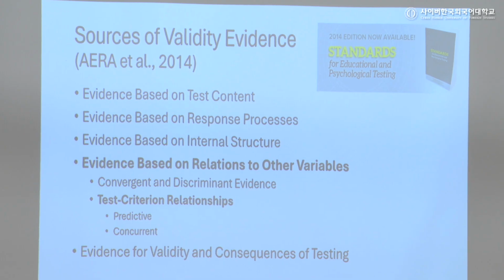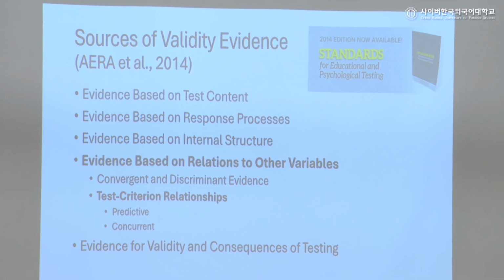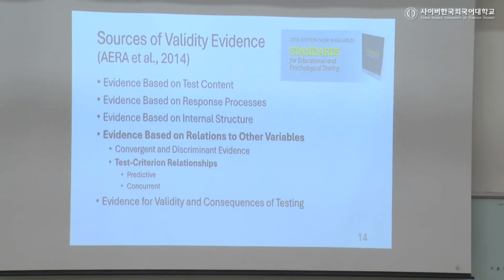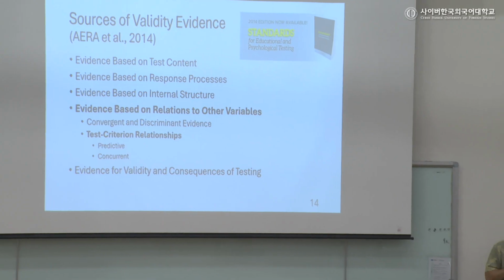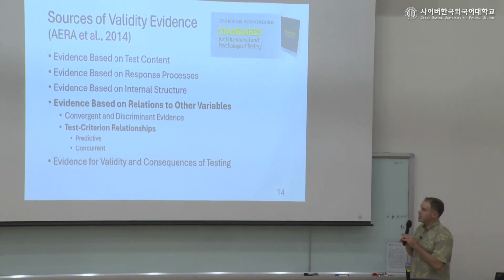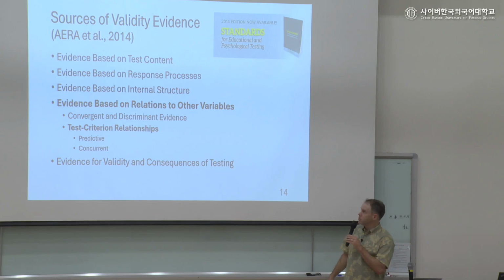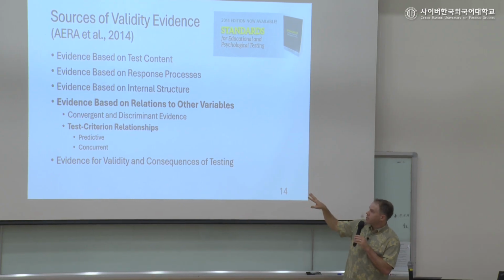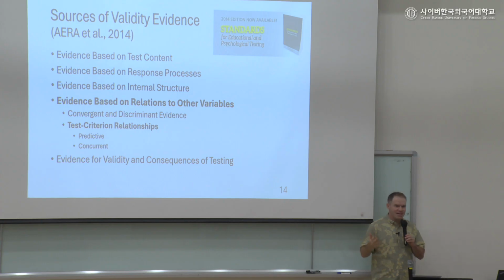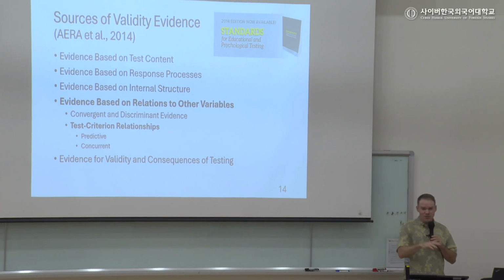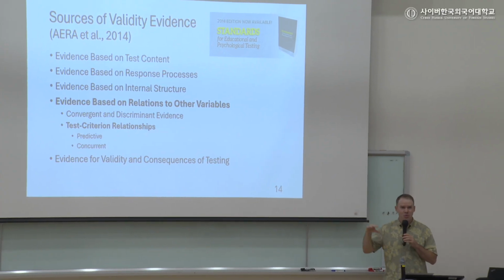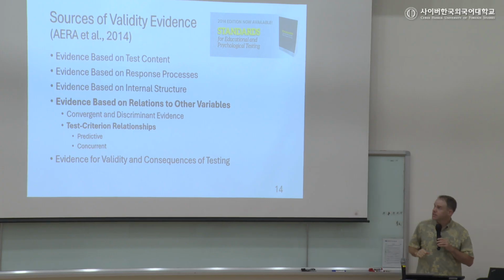So the Standards outline several different forms of validity evidence, and it's organized a little bit differently than what Kane or Chapelle would do with inferences, but they are pretty explicit that you need to have evidence based on relationships to other variables. And the convergent and discriminant evidence, that's more classic construct validity. You know, does the TOEFL score correlate with the IELTS score, correlate with the Duolingo score, and so forth. That can help us pin down the construct a little bit.